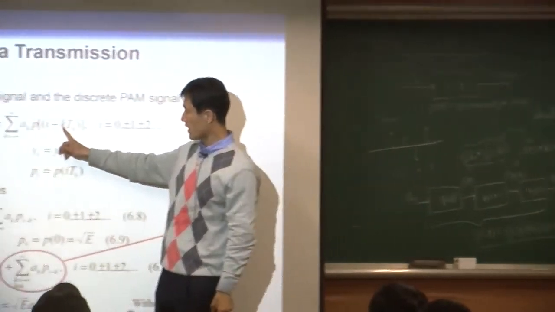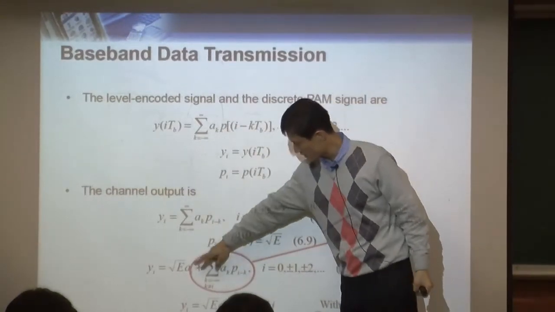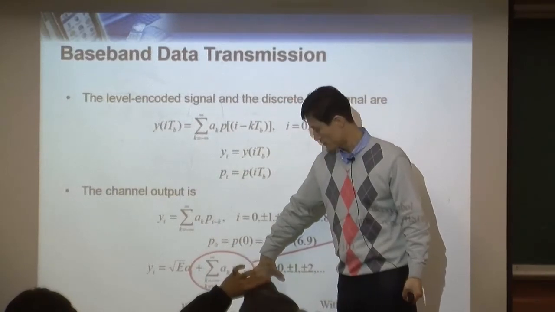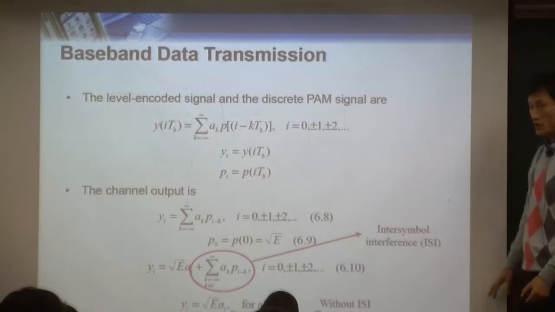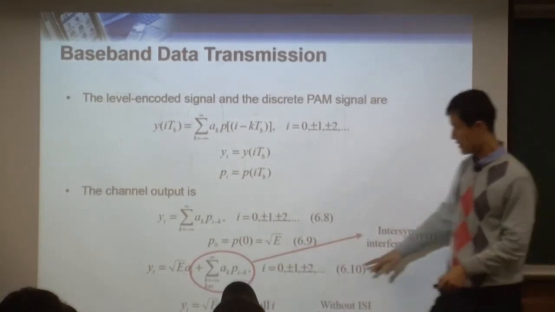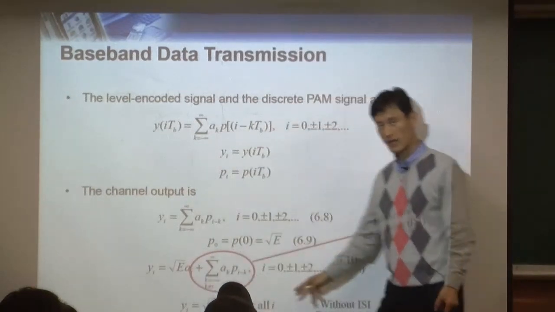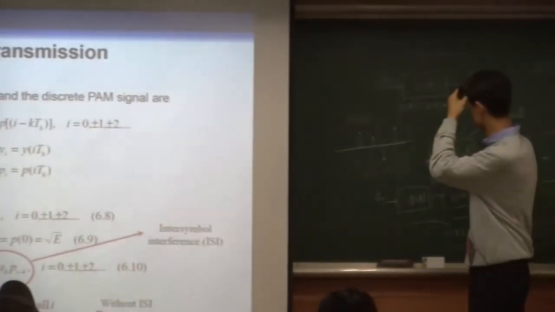So when k equals 0, when time equals 0, we just make it separate like this, and all the other summation terms we just leave here. These other terms will contribute to intersymbol interference. And this term is what we want here.